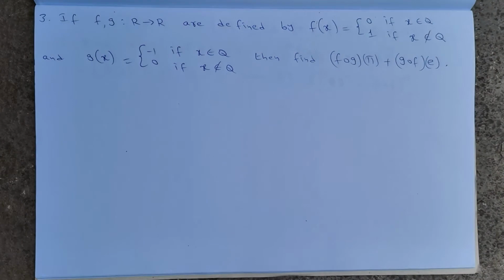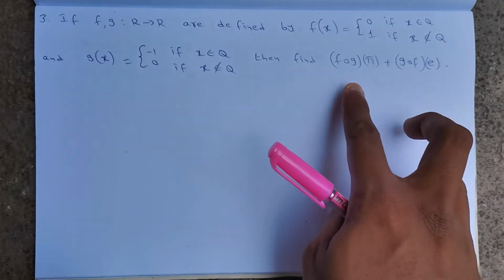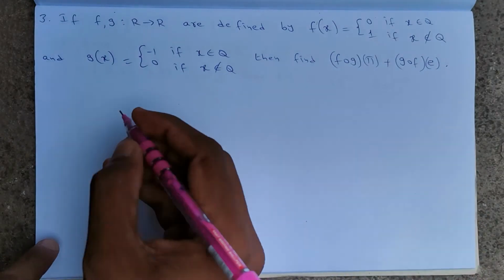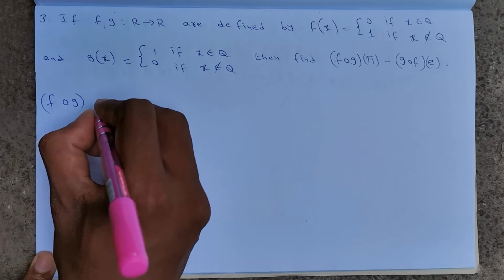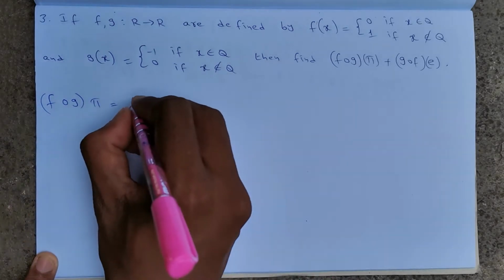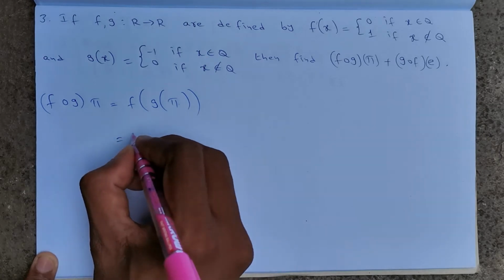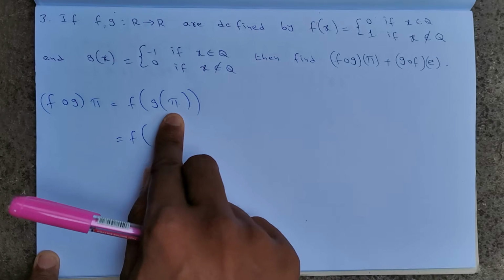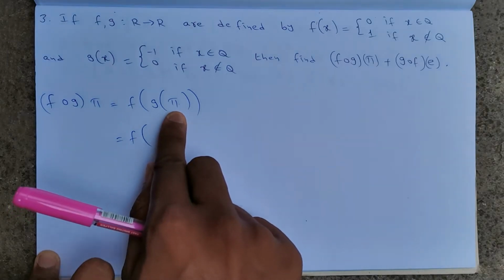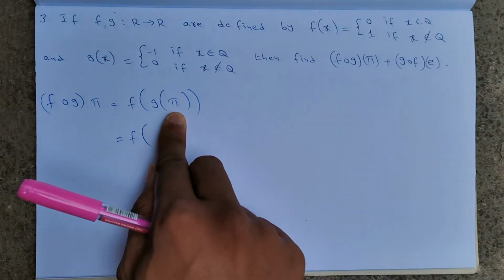So first, here two terms are there. I am going to solve these two terms individually. First term, f of g of pi. Here we know very well that pi is an irrational number, so it does not belong to rational.